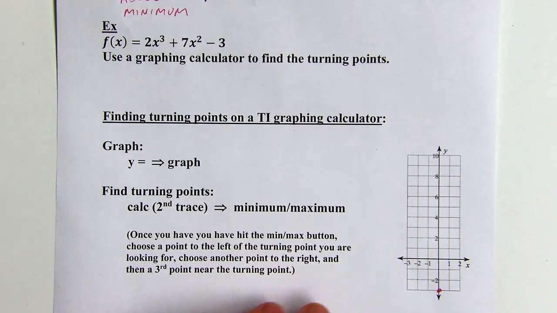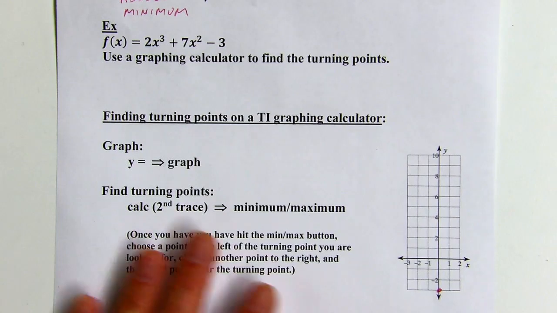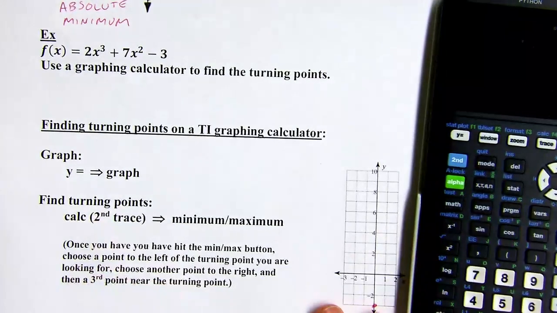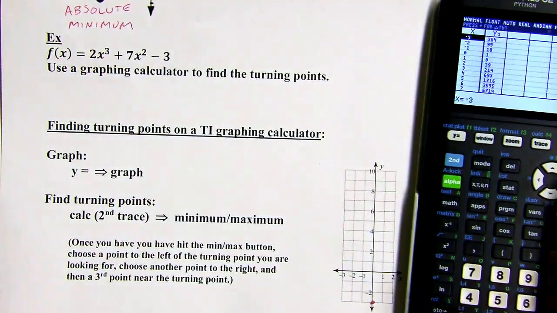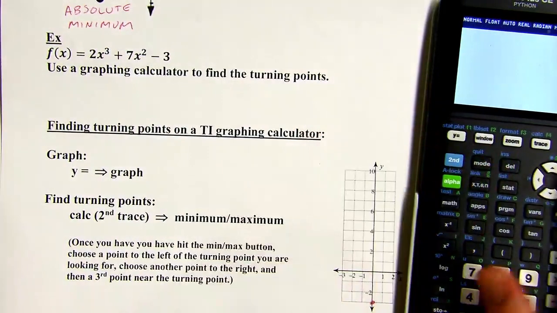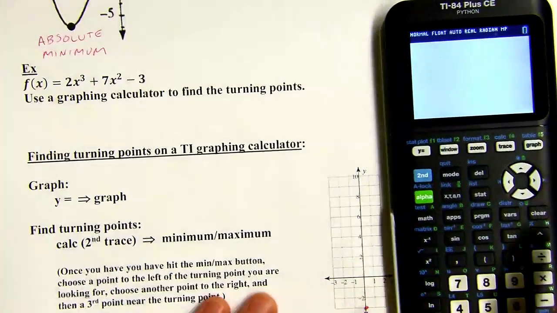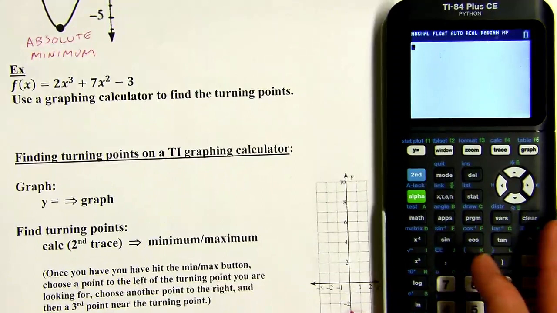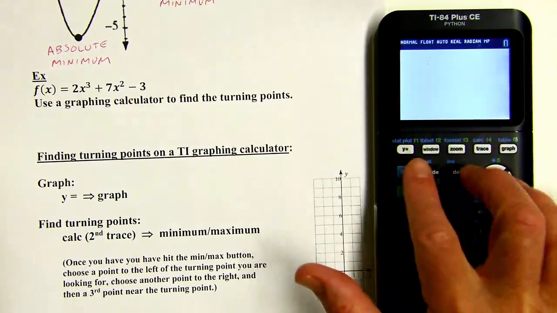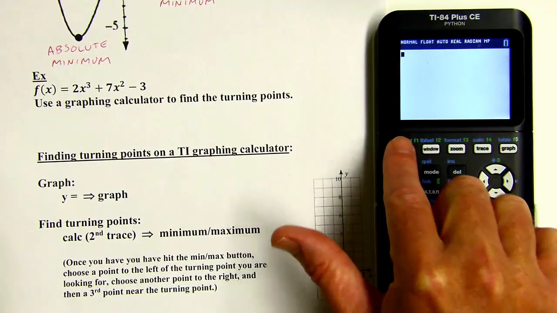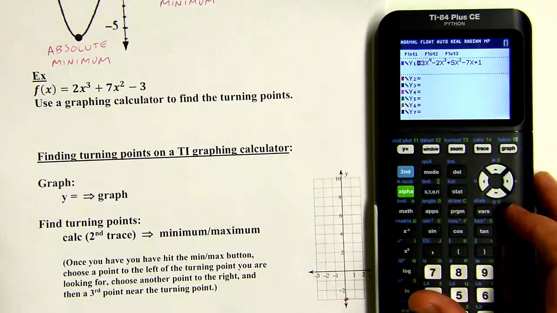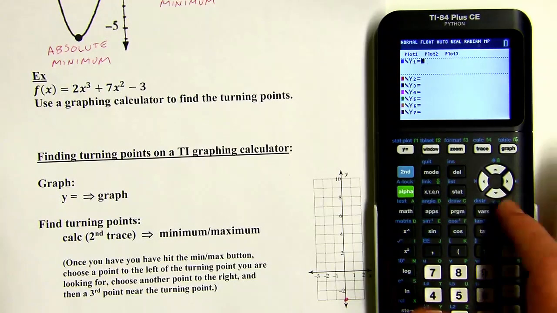Okay, so I'm going to use a TI graphing calculator here. I want to first just put this equation into my calculator using the y equals button in the top left. Okay, I've got another equation there, so I'll just hit clear.